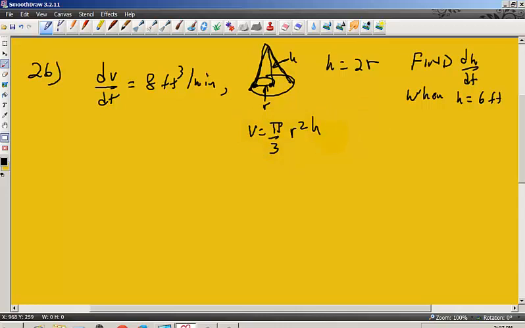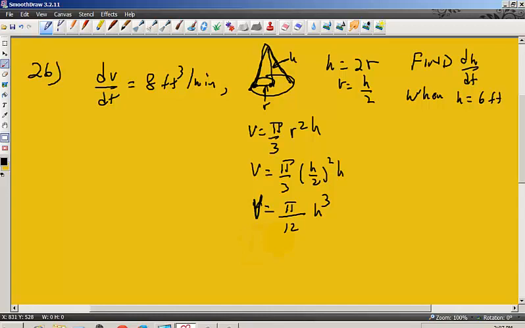Again, I have too many variables. dh/dt is okay, dV/dt is okay. I need to get rid of the r. I'm going to say r is equal to h over 2, so I'm going to put that in there. So pi over 3 and then h over 2 quantity squared times h, which is going to give me volume is equal to pi over 12 h cubed.